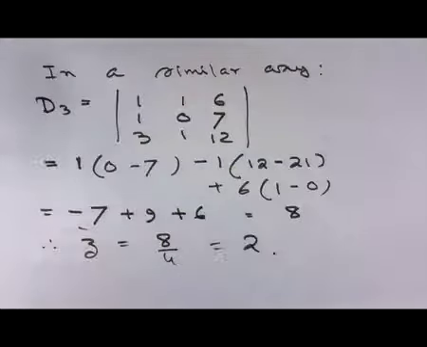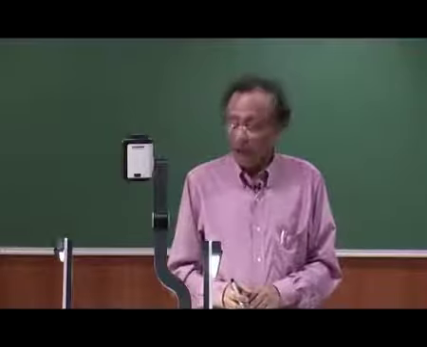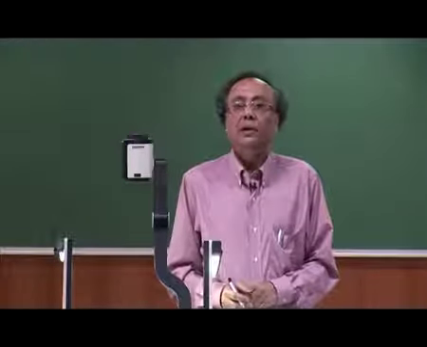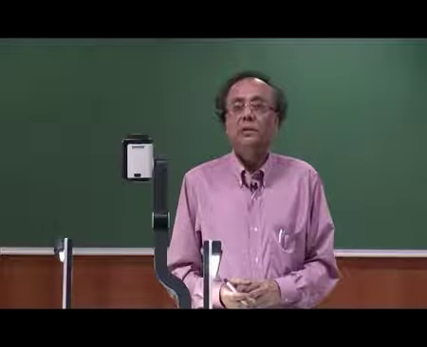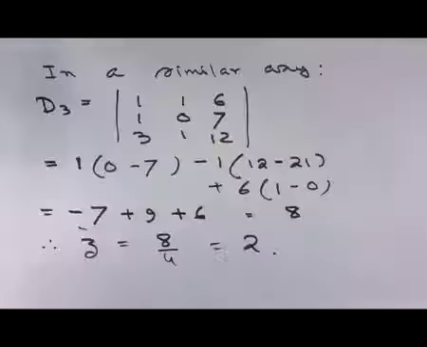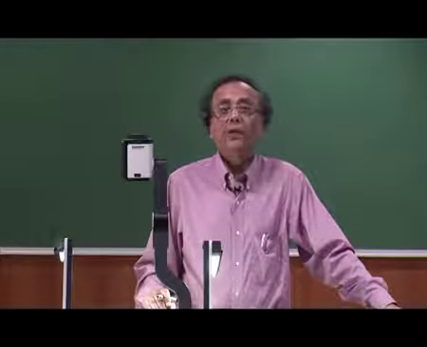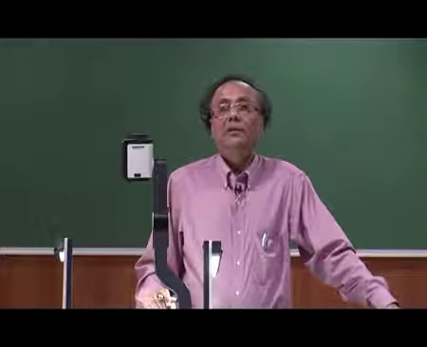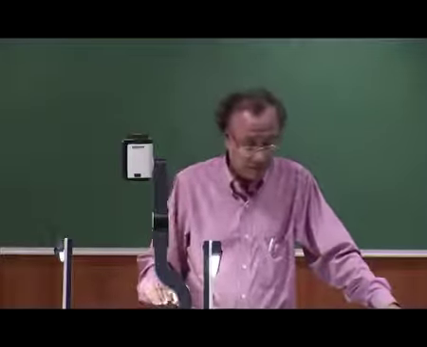Therefore, we see that using Cramer's rule, where we did not explicitly compute the A inverse, we could solve the systems of equations. All the problems that we solved have the A matrix non-singular and therefore determinant of A is non-zero.